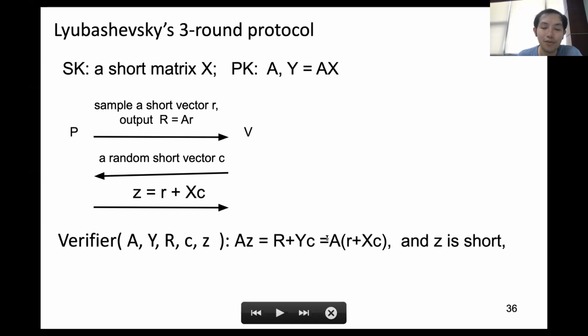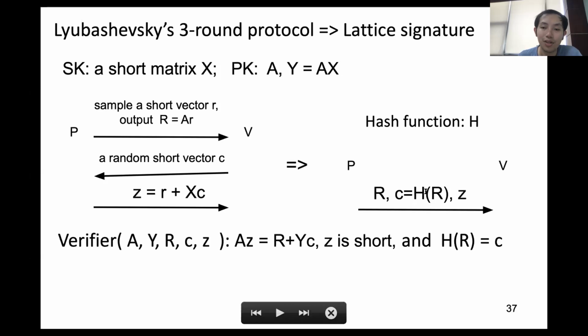And if you open the right-hand side, you will see R plus YC equals A times the parenthesis r plus XC. And this is exactly Z. In addition, you also check whether Z is short or not. And this completes the description of Vadim's protocol. To do Fiat-Shamir, it's the same idea. You apply a hash function on R and output a short vector C. And in the end, you also check shortness.